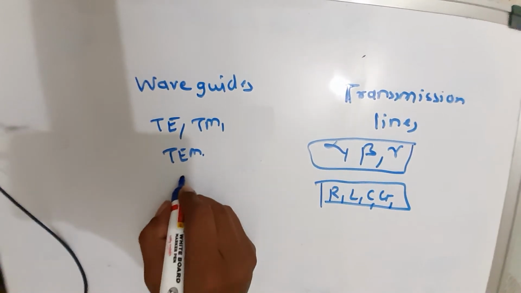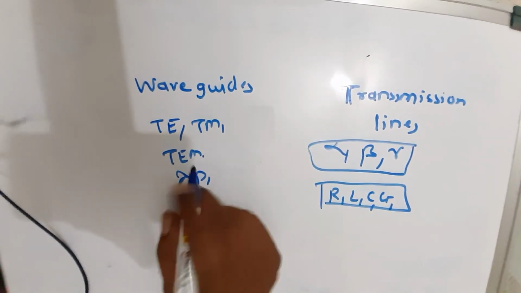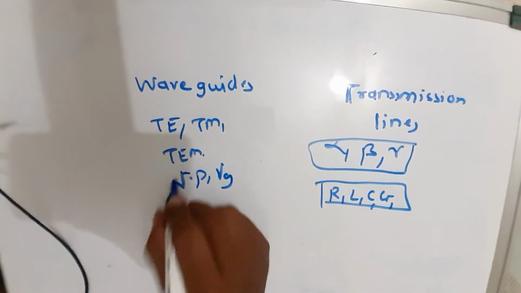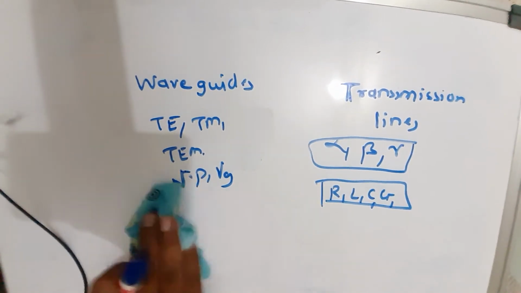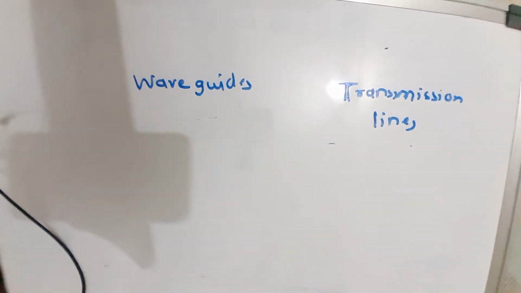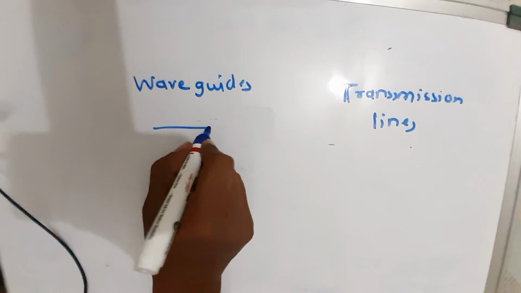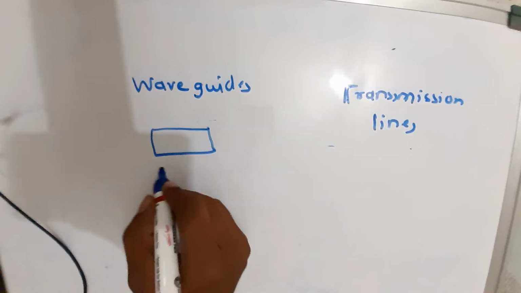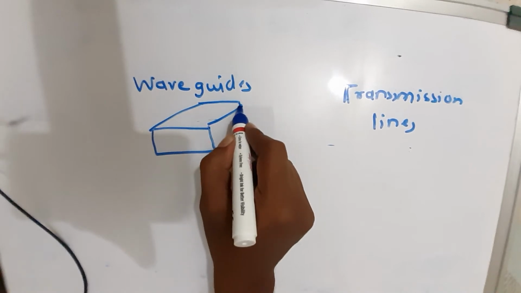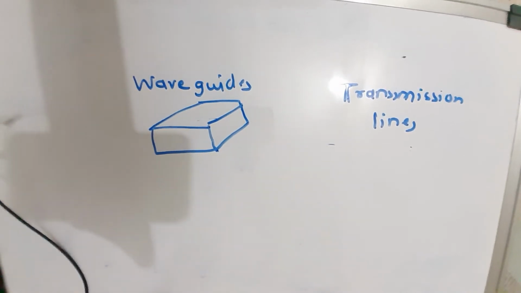It has a phase velocity and a group velocity. Now the definition: a waveguide is like a hollow tube, which is basically used to propagate microwave energy signals. This is a rectangular waveguide.